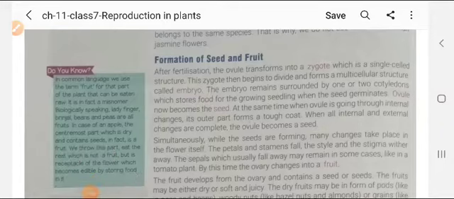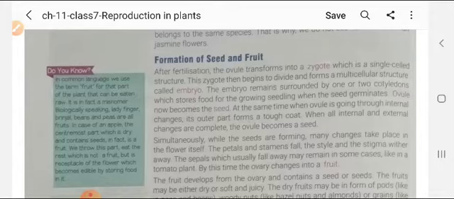Dear student, formation of seeds and fruit. After fertilization, what do you mean by fertilization, student? When the pollen grain from the anther enters the ovum of the ovule, this is called fertilization.